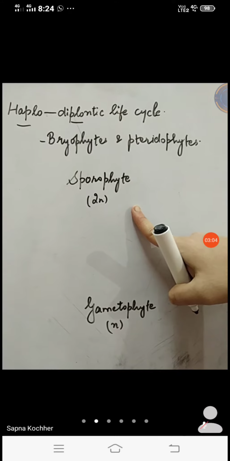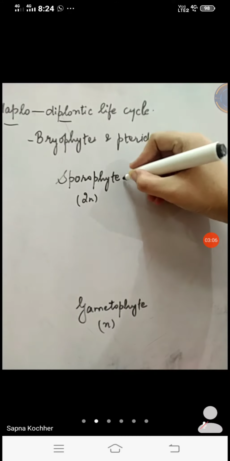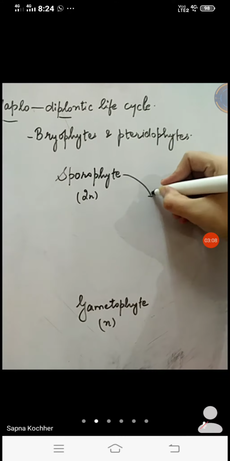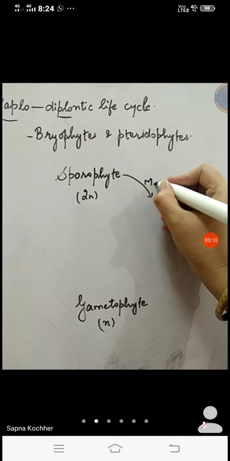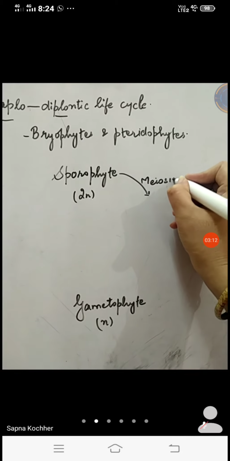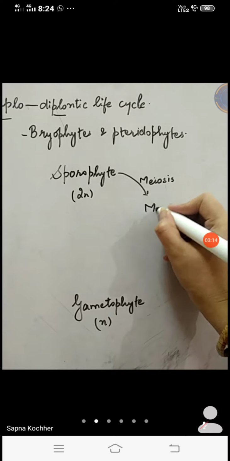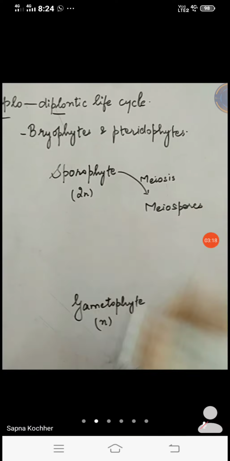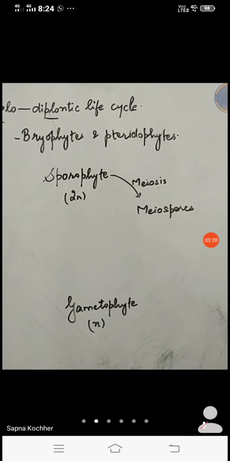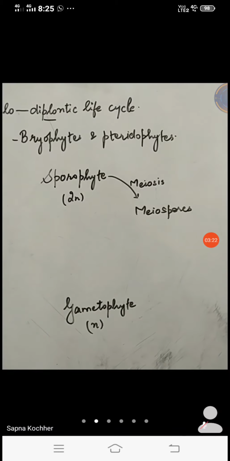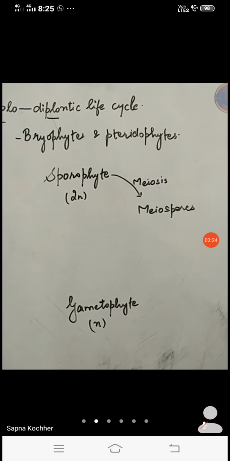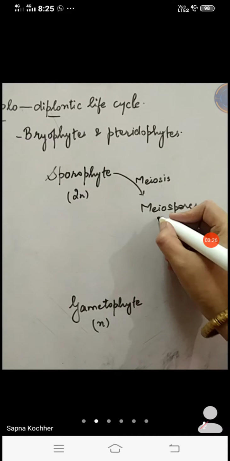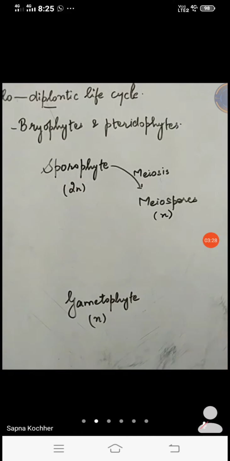That is meiosis, right? So undergoing meiosis, initially this results in the formation of spores, which are called meiospores. After the meiosis in the sporophyte, spores will be produced and these are called meiospores. Now the meiospores are all haploid in nature.